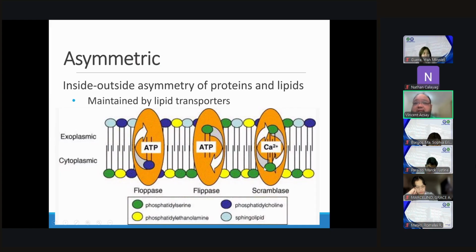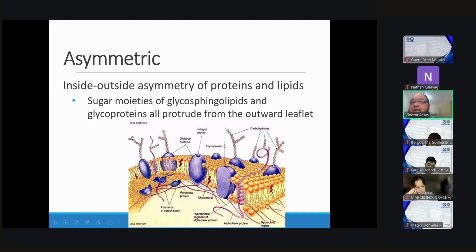So you see that these transporters, which are actual integral proteins, maintain the asymmetry of your membranes. Here's an example of glycocalyx, where the sugar moieties of your glycosphingolipids and glycoproteins will all protrude toward the outward leaflet. There will be no carbohydrates facing inward.